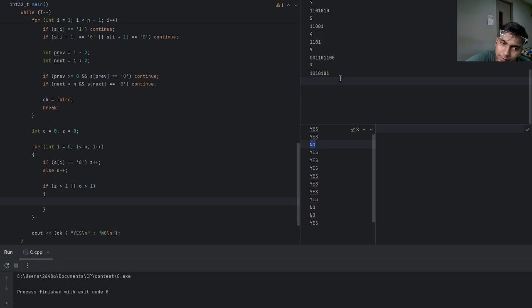So I need to check the length of the maximum 101010. Right. So one thing would be if it starts at 1, you start the counter and you keep alternating it at every index.